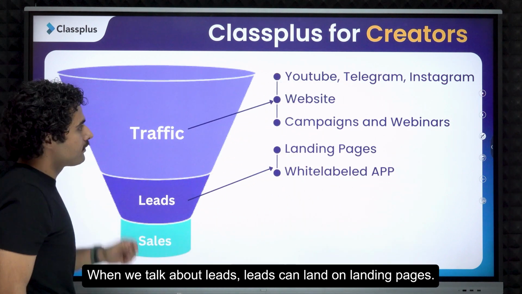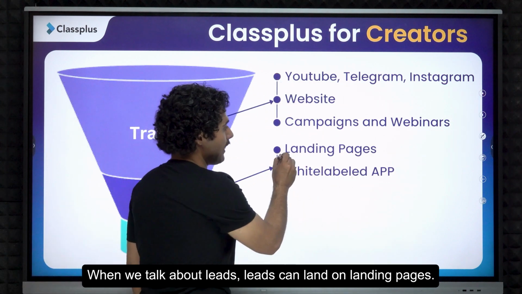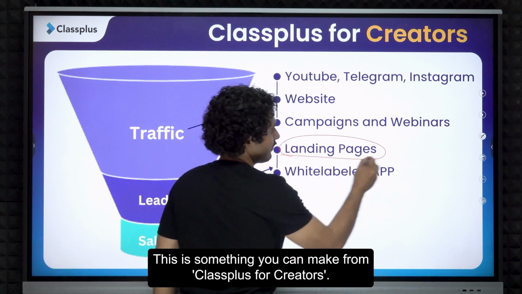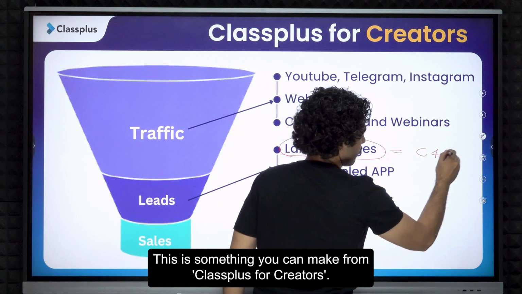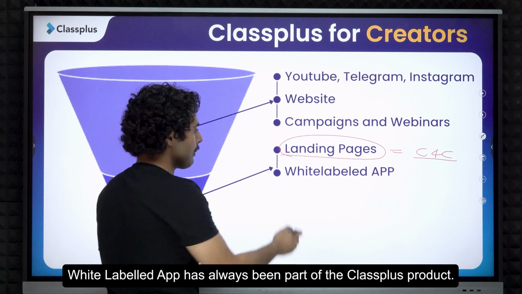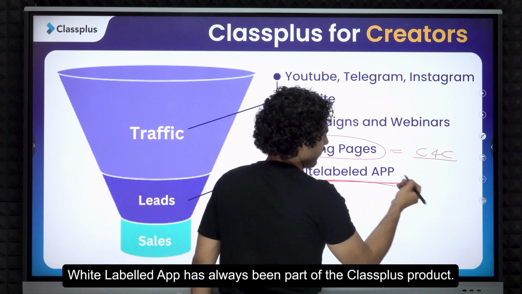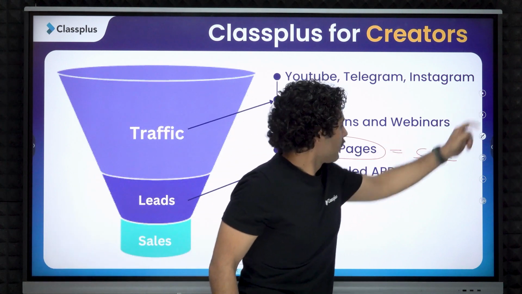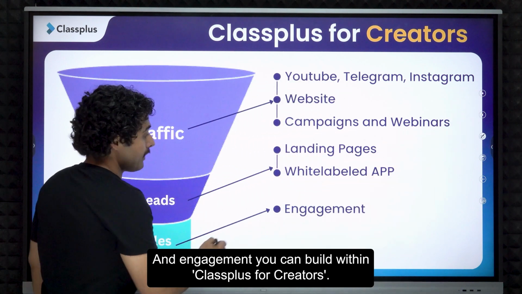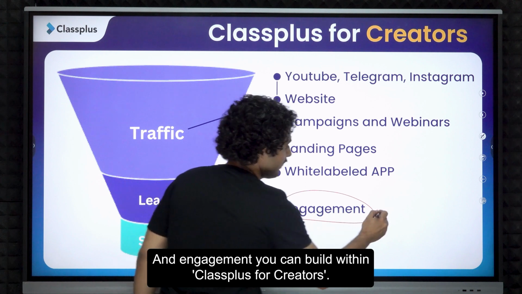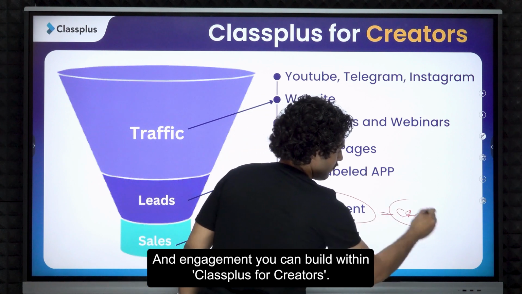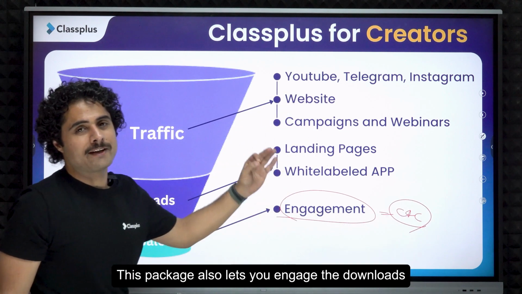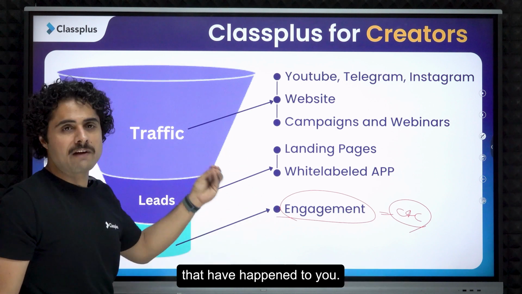When we talk about leads, leads can land on landing pages. This is something you can make from Classplus for Creators. White labeled app has always been part of the Classplus product, so you already know that. And engagement, you can build within Classplus for Creators. This package also lets you engage the downloads that have happened to you.